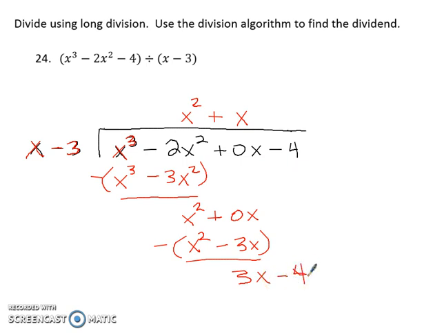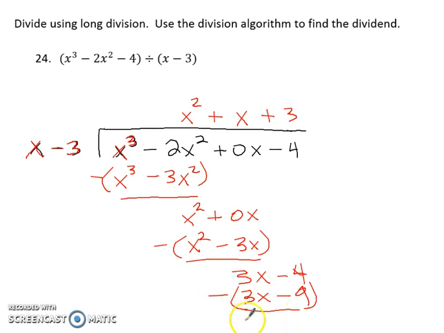We ask ourselves, what times x is 3x? A 3 times x is 3x. So let's go ahead and multiply the 3 times both of the terms in the divisor. That gives us a 3x minus 9.